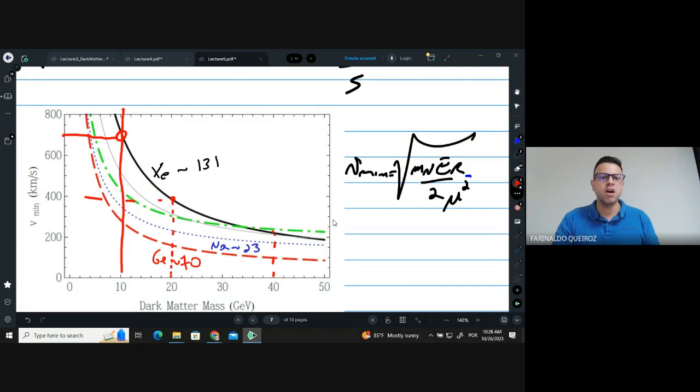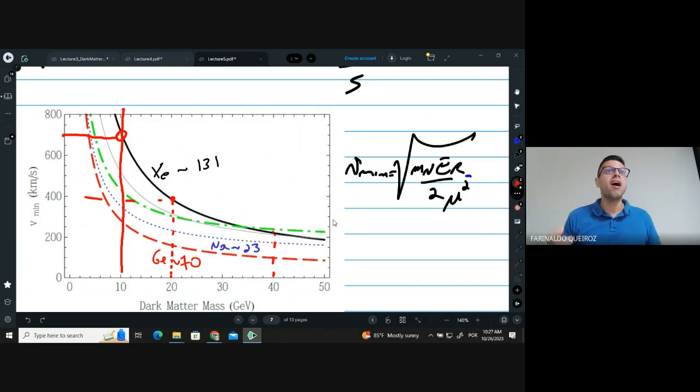But look, this is for xenon. Xenon has an atomic mass of 131. The larger the mass, the larger the v min. See here, m_N. So heavy targets require large minimal velocities. For this reason alone, if I have a very heavy target such as xenon, remember the maximum velocity I can have is 500-something plus 200, so let's call it 800.